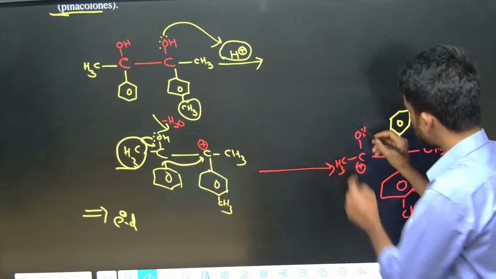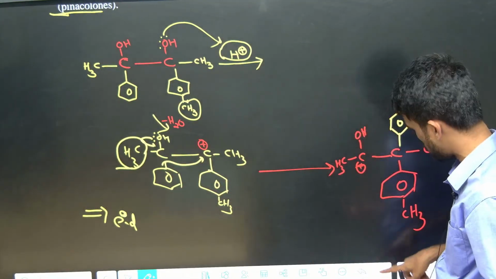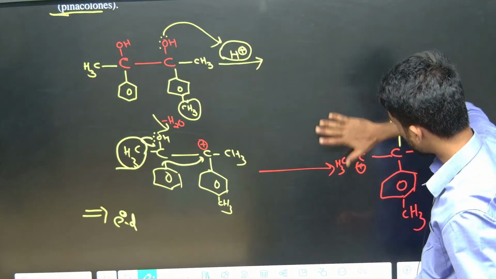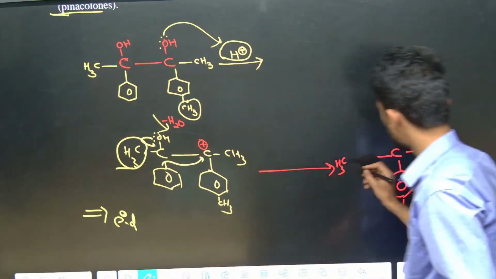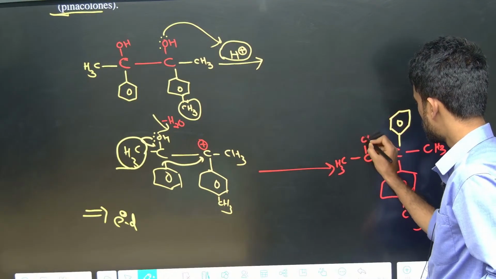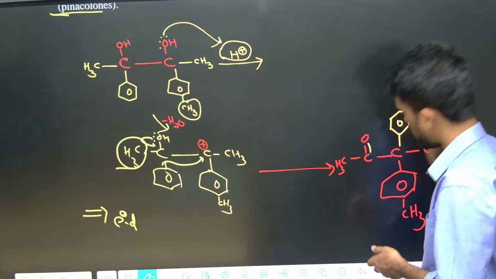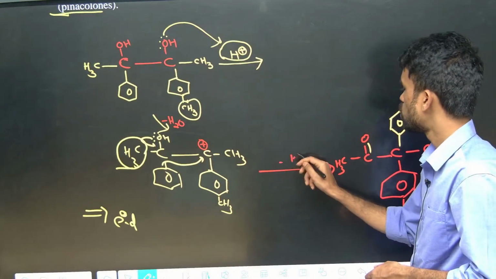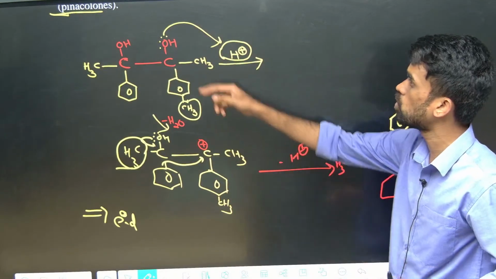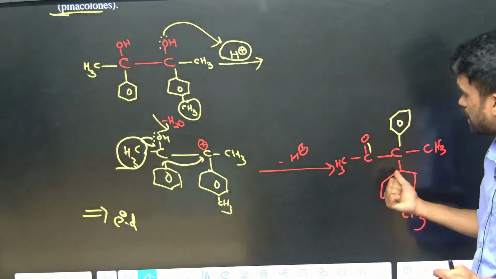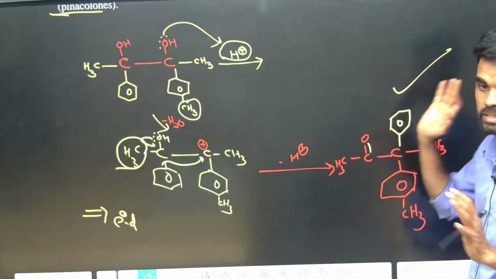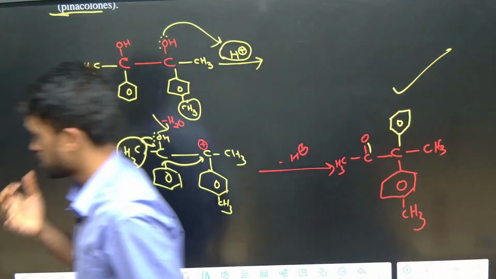Positive. So to that, the lone pair of electrons of oxygen is given, so that you get a ketone. It is giving a pi electron like this by deprotonation. So what we got is that a pinacol is converting into a pinacolone, a ketone is formed. So this is what happens in the pinacol-pinacolone rearrangement.